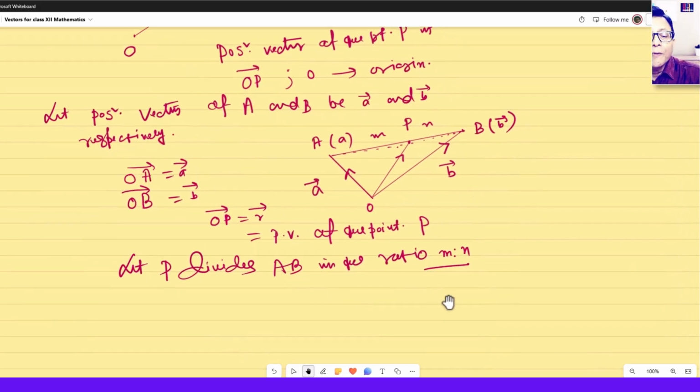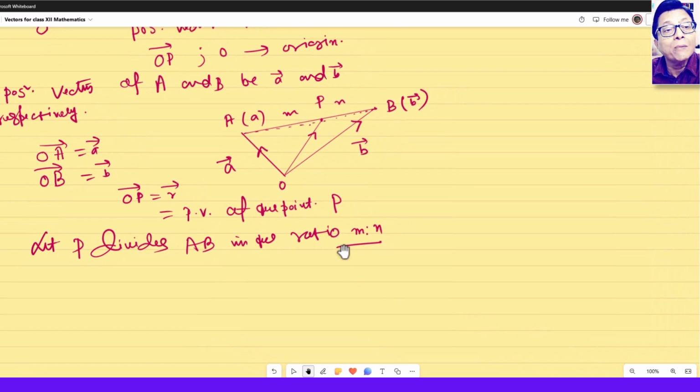We are going to find the section formula, that is, where a point on the line segment joining two given points or given vectors will divide it in a certain ratio m is to n. Now, how to find the vector OP? O is the same origin for one problem, one origin. O is the origin. You find the position vector of point P.